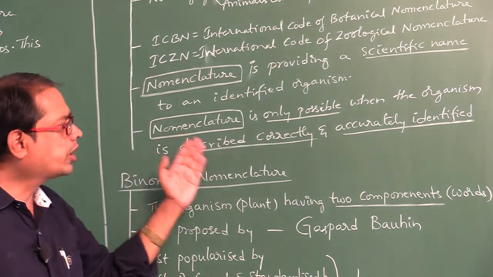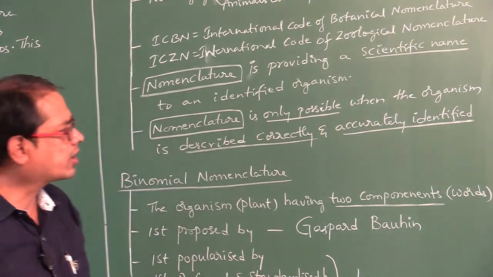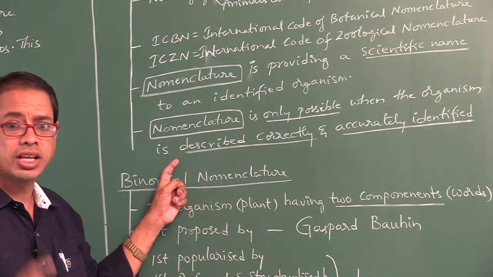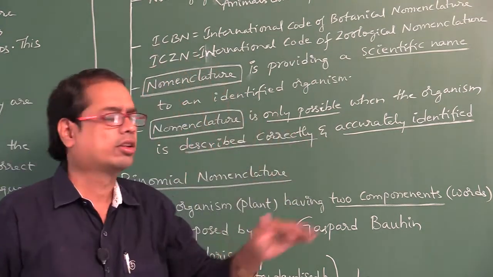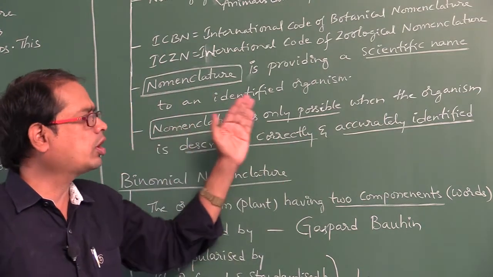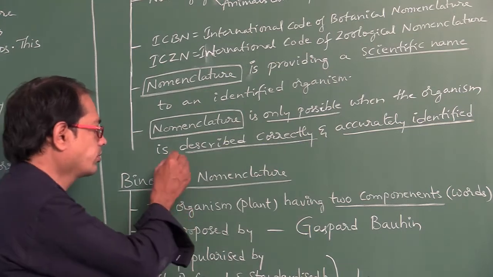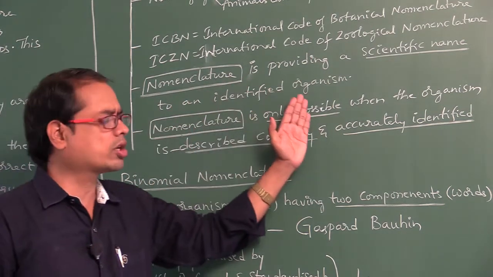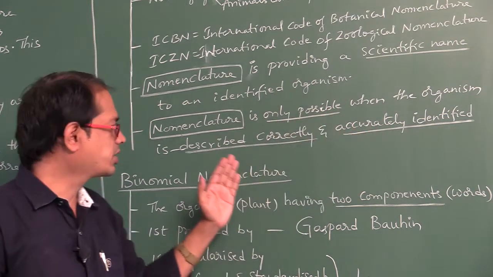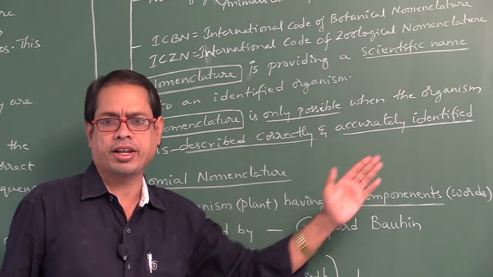Next, when is nomenclature possible? Nomenclature is only possible when the organism is described correctly and accurately identified.